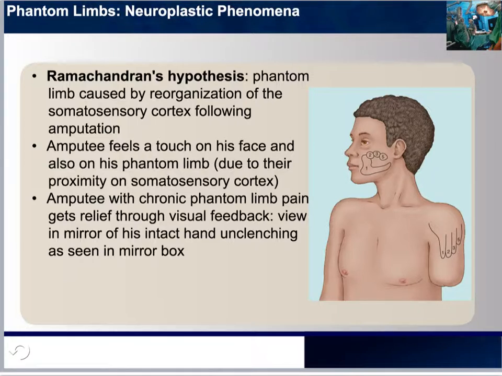Interestingly, when he touched the side of Carlos' face on the same side as his amputated arm, Carlos felt sensations from various parts of his phantom hand as well as his face. And this is what became known as a second map of his hand that was found on his shoulder. And you could see again how this part here would correspond to this area, and the two would correspond to this area, and that would have been the hand.